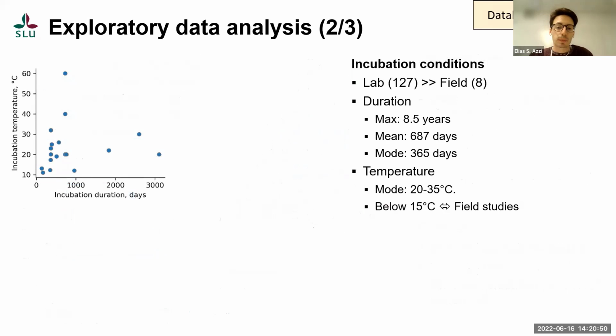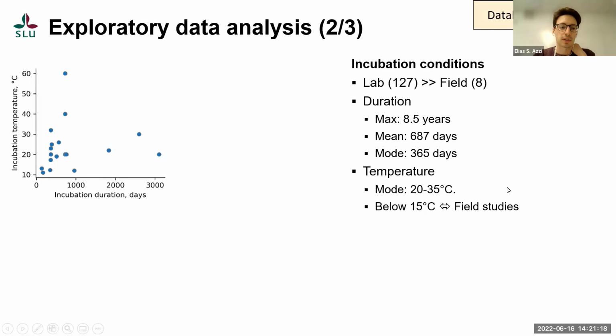Then when it comes to the incubation conditions, I can say that we have mostly laboratory incubations and only 8 field observations. The longest experiment we have in the database is 8.5 years, but most of the studies are between 1 and 3 years, let's say. Soil temperature in the incubation was most commonly between 20 and 35 degrees and up to 40 and 60 degrees in some cases.